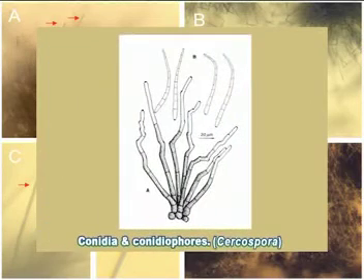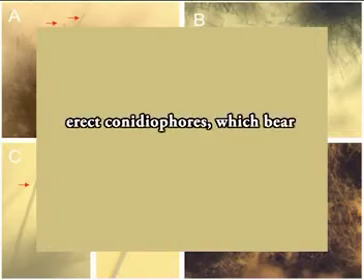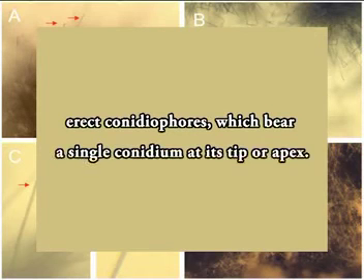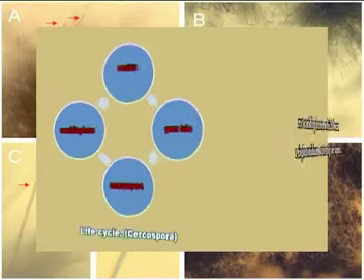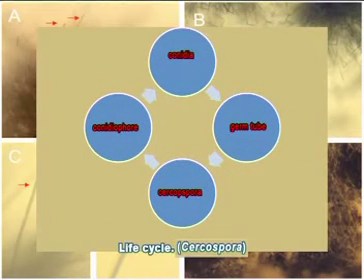Conidiophores may be formed singly or arise from hyphae as lateral branchlets, or they are arranged in loose or dense fascicles. Thus, vegetative mycelium gives rise to erect conidiophores which bear a single conidium at its tip or apex. Cercospora reproduces only asexually by conidia.